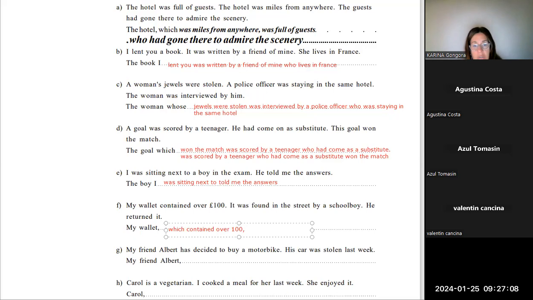My wallet, which contained over 100 pounds, was found in the street by a schoolboy who returned it.